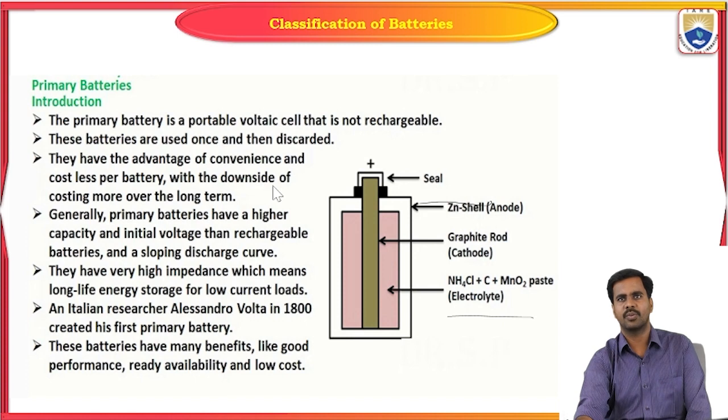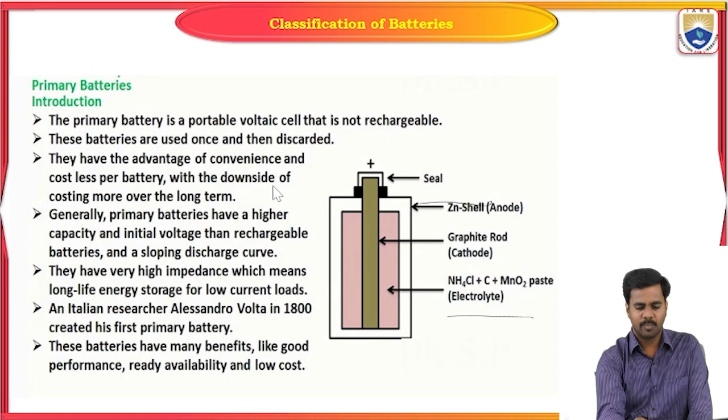These batteries are used only once and then discarded. They have the advantage of convenience and very low cost. Generally, primary batteries have a higher capacity and initial voltage than rechargeable batteries. They have very high impedance, which means long life energy storage for low current loads.